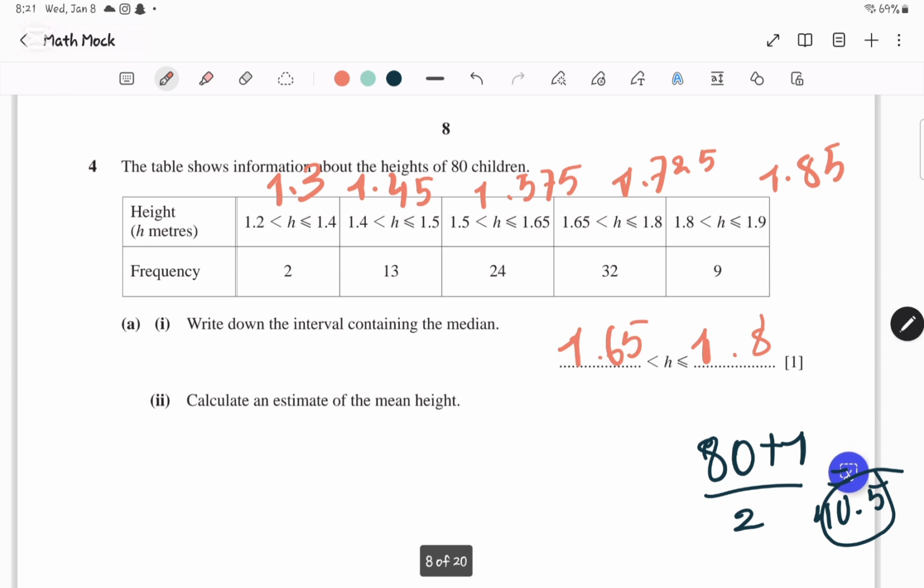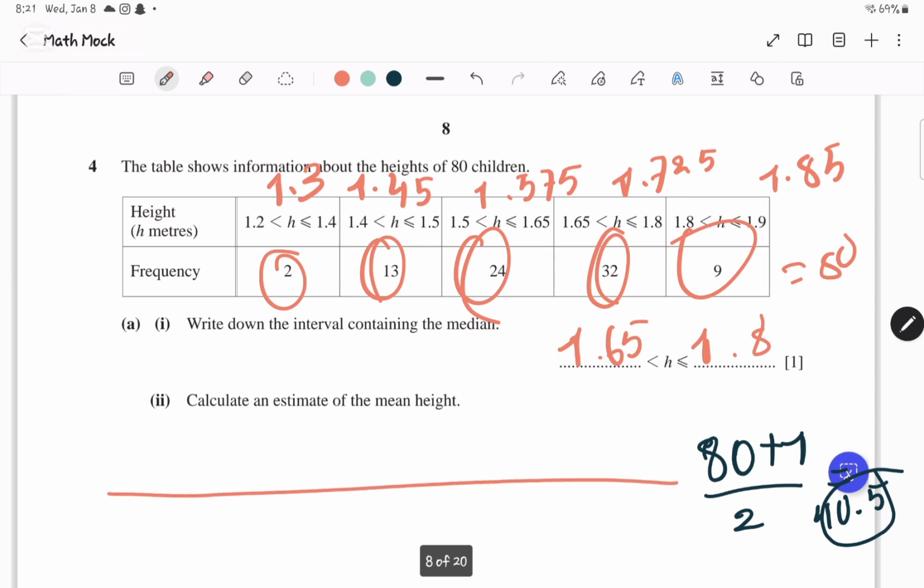Now, what we are going to do is multiply the frequency by the mid-interval, and then divide by the total frequency, which is 80. I'm just going to reduce the font a bit.